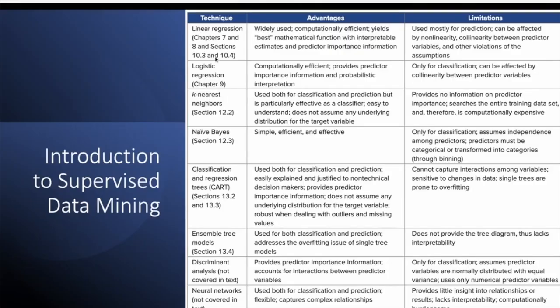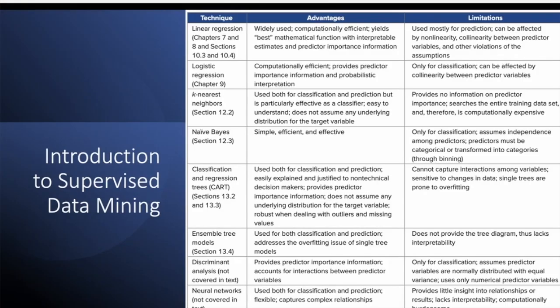Linear regression, the one we discussed in chapters 7 and 8, is widely used, computationally efficient, and gives you the best mathematical function, so you can interpret the estimates and the predictor importance information.